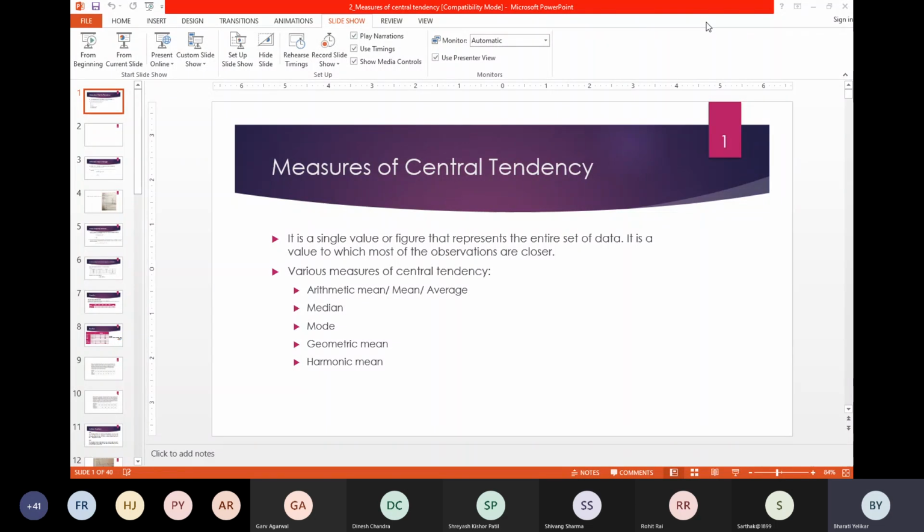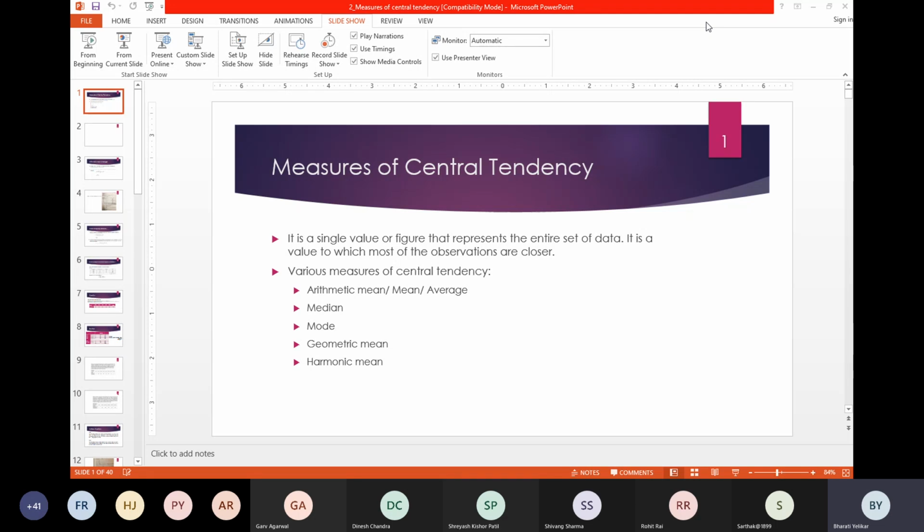depending on two factors. That is, what is the nature of data? Whether it is numeric or alphabetic, what is the type of data? And the purpose for which the same data is collected. For what purpose have you collected that data? What calculations are required?